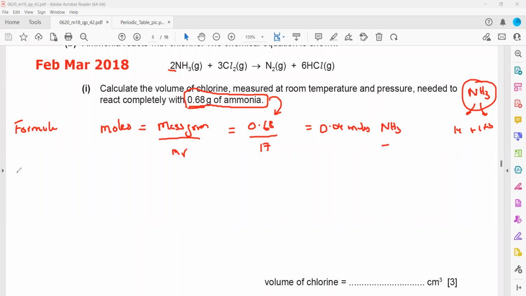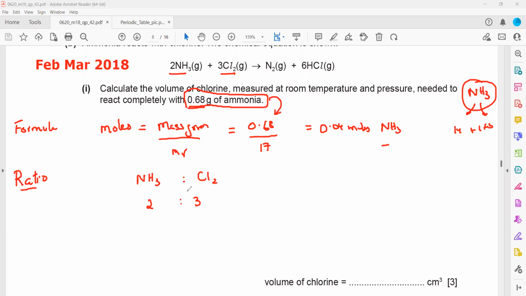Having solved the first part and got the moles of ammonia, we'll now use a ratio. What ratio will we take? We take the ratio from the equation, because we need chlorine. So we'll take the mole ratio between ammonia and chlorine. According to the equation, it is 2 to 3. So if we have 2 moles of ammonia, we should have 3 moles of chlorine.